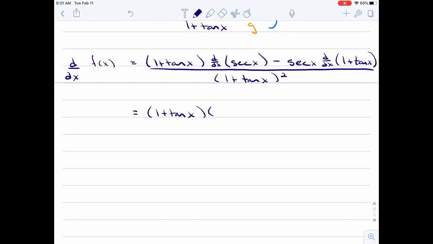Since we don't have them memorized necessarily yet, the derivative of secant x is secant x tan x, then minus secant x, and then the derivative of 1 goes to 0, and the derivative of tan x, right? Because in there I've just got a sum, so I'm allowed to bring that derivative onto 1 and tan x, but the only thing left is the derivative of tan x, which is secant squared x. So now I've got times secant squared x.